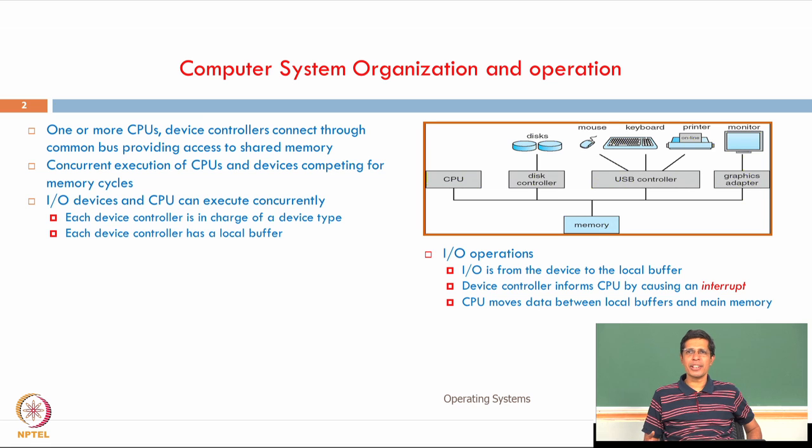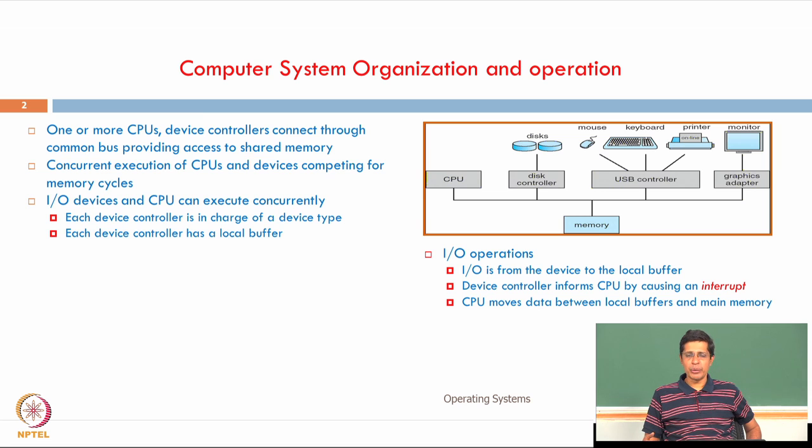Term scheduling means that a particular shared resource is allocated to one of the entities which request for using the shared resource at a particular point of time. So, the bus itself is a shared resource and that needs to be scheduled properly, and the IO devices basically need to talk to the CPU. The IO devices also need to talk to the memory. So, there are different ways by which an IO device can communicate.